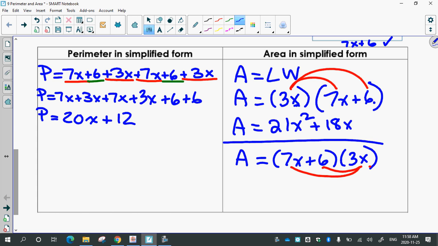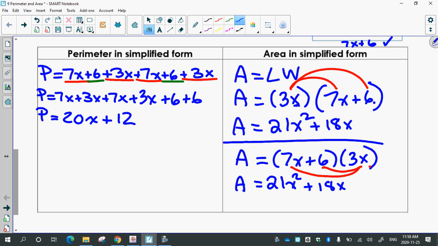If you forget, just remember it's the one term that meets the people in the brackets, the more than one. So 3x times 7x still gives me 21x squared, and 3x times positive 6 still gives me positive 18x. If I forgot, I'm still okay as long as I remember to draw my arrows and multiply. All right, that's awesome.